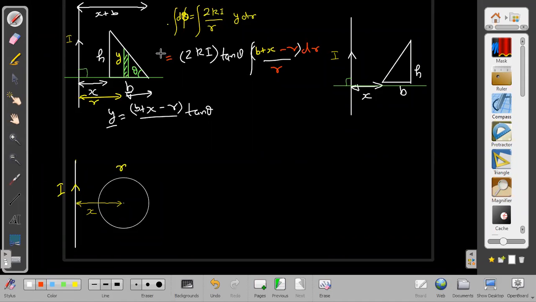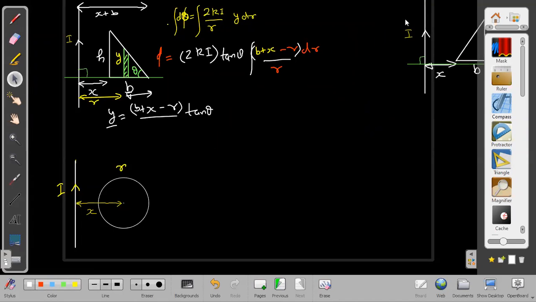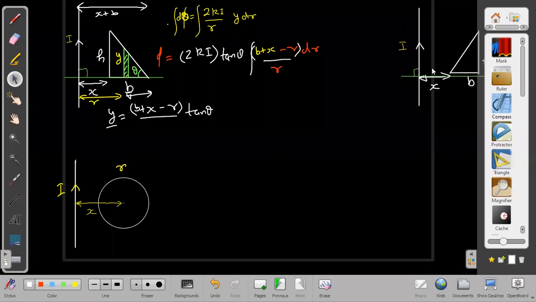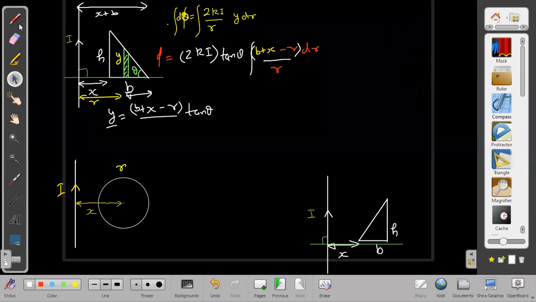Anyway, what is the value of flux coming out to be? Tell me at last. Integrate this if you are able to integrate. It is not tough integration, I think, because so many terms are just constants only. So let me keep it here. This whole thing is just one constant. I will just see what happens to my integral, and let us write the integral separately.